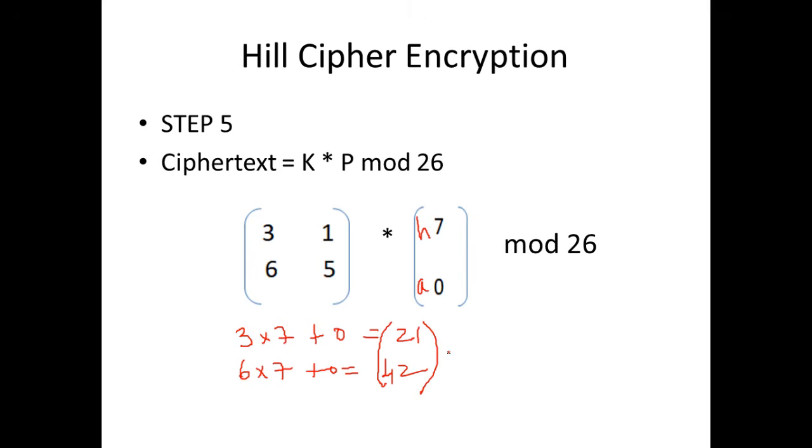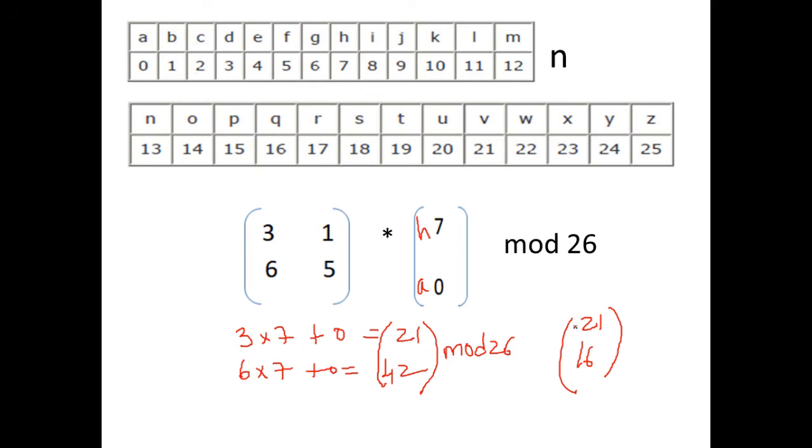Once you have found the result, what next? You should never forget to do a mod 26. So when you perform a mod 26, 21 mod 26 is 21 and 42 mod 26 is 16. So this is our result, and we have to find the equivalent alphabets. For 21, what is the equivalent alphabet? V. And 16, what is the equivalent alphabet?